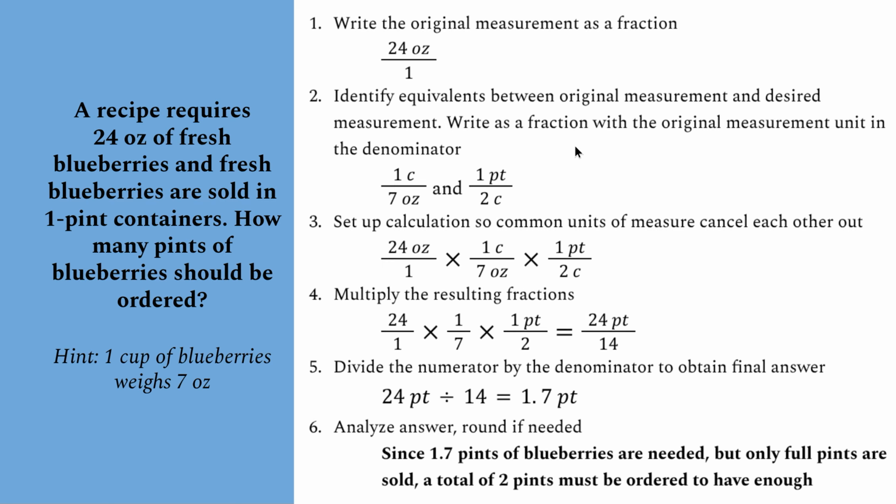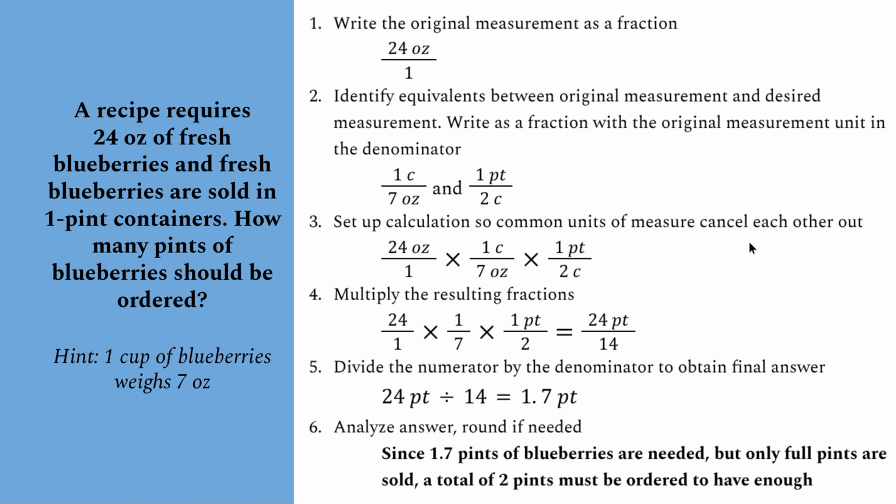I'm going to write those as fractions with the original measurement unit in the denominator, meaning in the bottom. So again, our hint told us that 1 cup of blueberries weighs 7 ounces. And from our knowledge now, we know that every pint has 2 cups. So I'm going to need both of these because we're going from ounces to pints to cups. So there's all these different units of measurement.